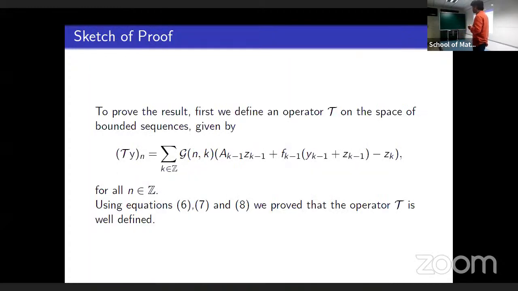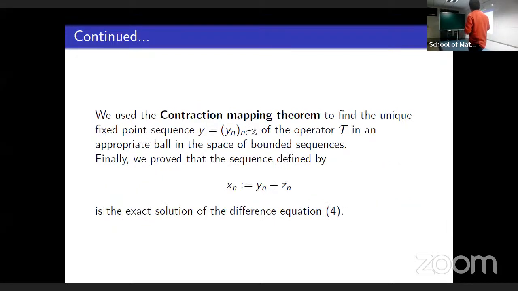Next, I give the sketch of the proof. Here we define an operator T on the space of bounded sequences, and under our assumption 6 and 7, we prove that this operator is well defined and a contraction map. And using the contraction mapping theorem, we obtain the unique fixed point of the operator, and then we define a new sequence as the sum of two sequences.